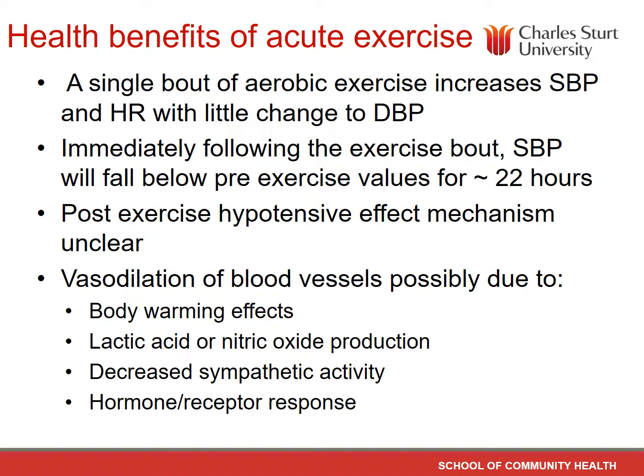Also, a good response of hormone receptor activity. Acute exercise can actually block the angiotensin 2 receptor, which signals the hormone aldosterone. Aldosterone is the main hormone that affects hypertension. So if we can block the receptor, it helps regulate the amount of vasoconstriction and helps maintain pressure within the arteries.